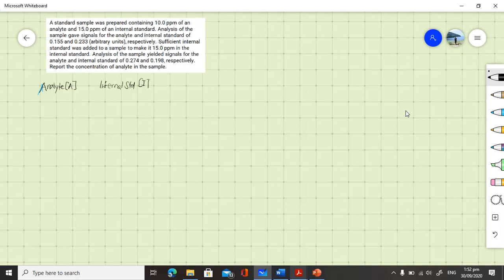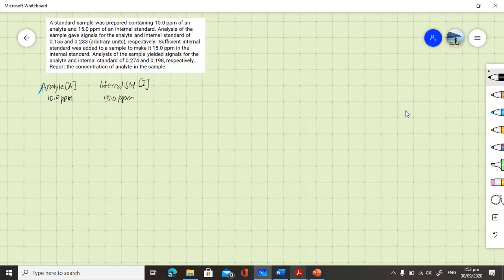Let's symbolize that as I. So the analyte that was placed is 10 ppm, whereas the internal standard is 15 ppm.